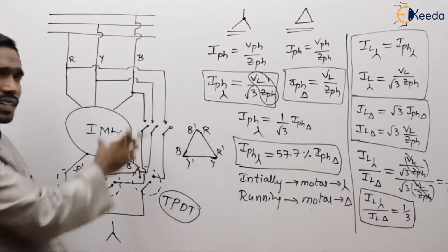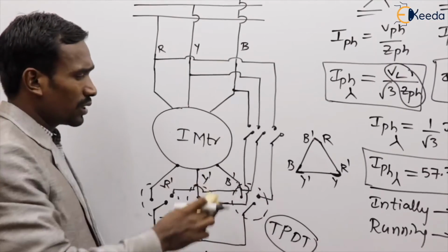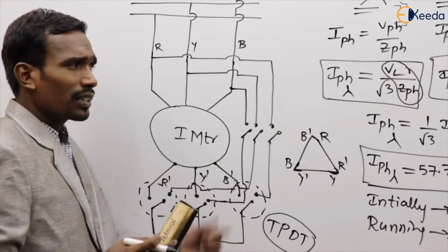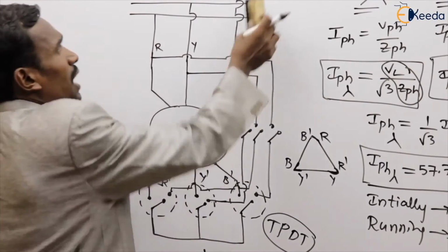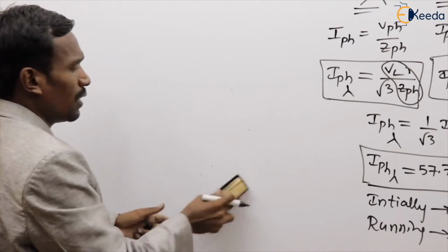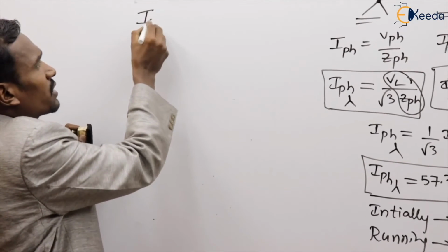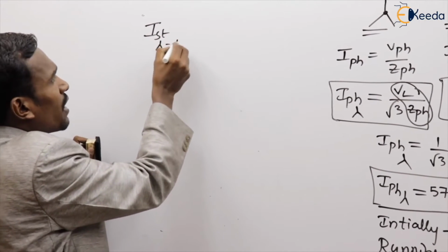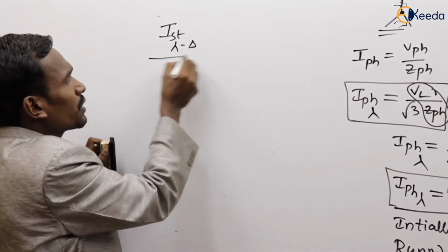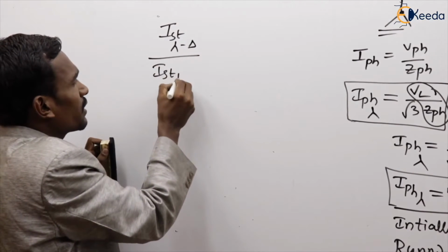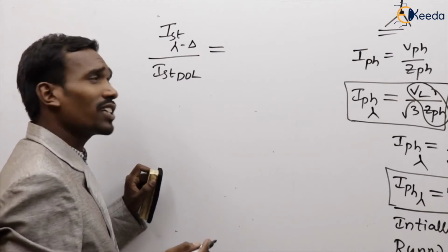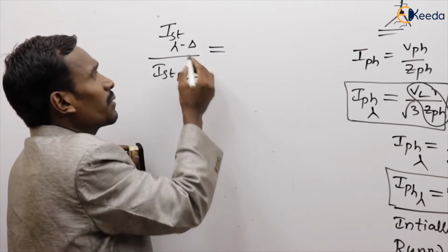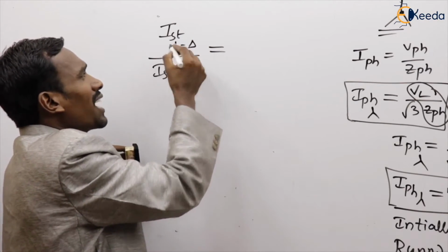Now see the diagram clearly. Okay, this is my diagram. Now I am going to calculate the torque also. I want the starting current of star delta to the starting current of DOL. The starting current of star delta is nothing but the starting current of star only.